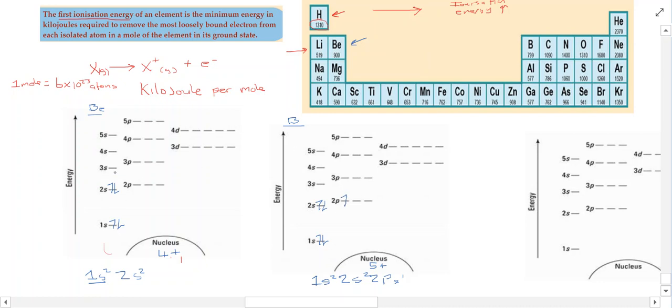So for beryllium, these 2 here are the outermost electrons, and for boron, this here is the outermost electron.